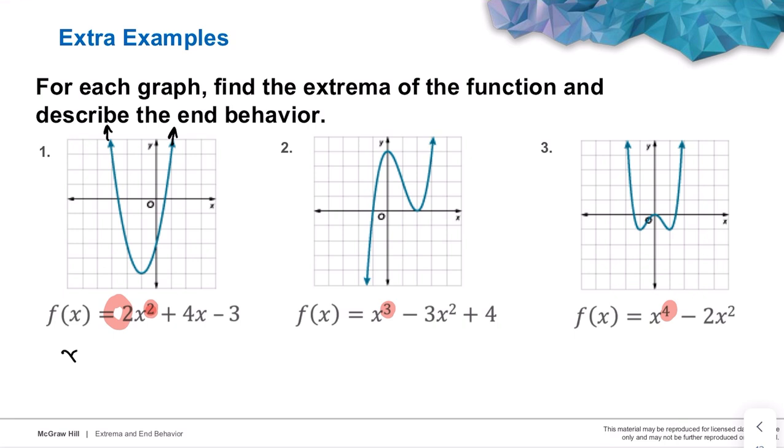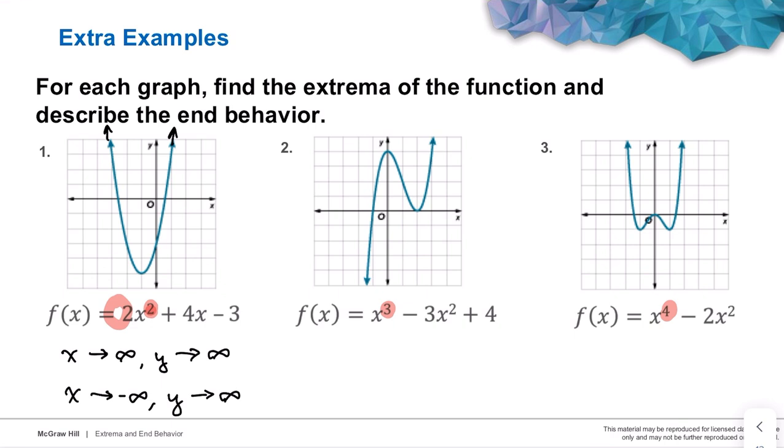So as x is increasing, going to the right, y is going up, which means positive infinity. As x is going to the left, negative infinity, y is still going up, positive infinity.